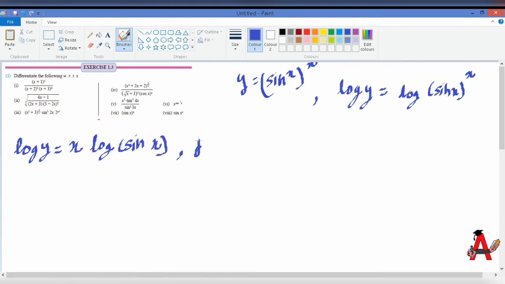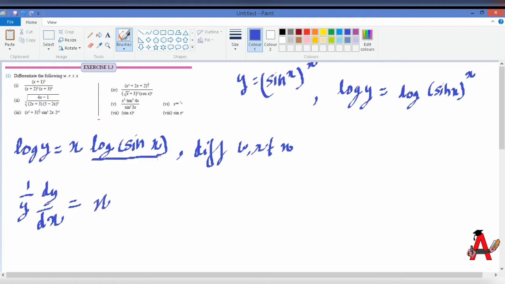Now if you differentiate it with respect to x, you will get 1 upon y dy by dx is equal to x into, now you'll have to do u into v. So this x is u, this is v.